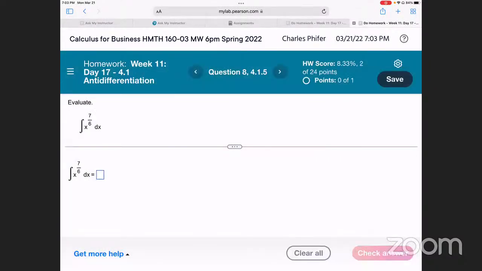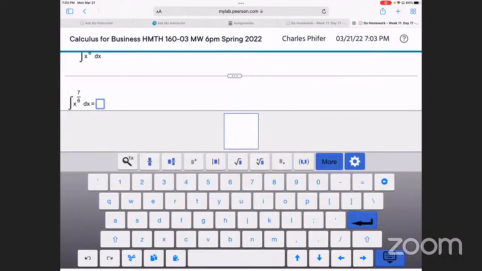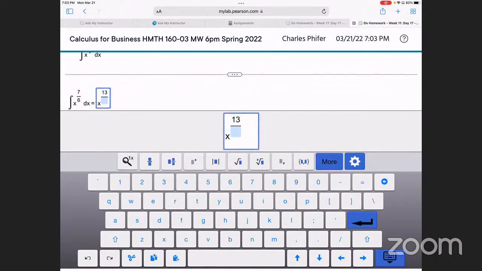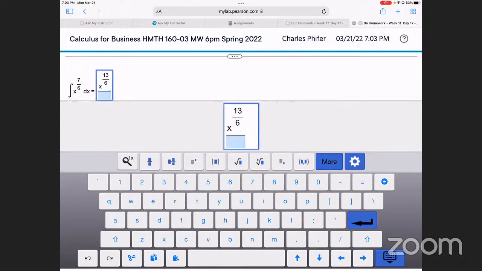Okay, same thing here, right? We just want to add one. So 7/6 plus 1 is 13/6. So this is going to be x to the power of 13/6, and dividing by 13/6 is multiplying by 6/13.